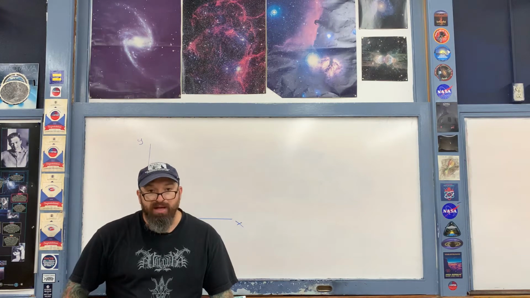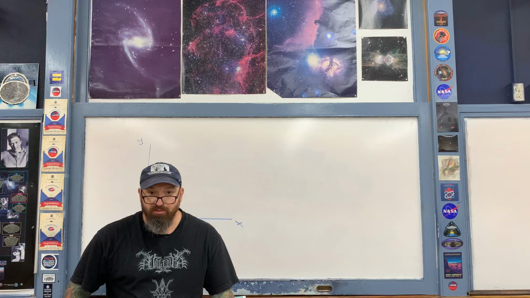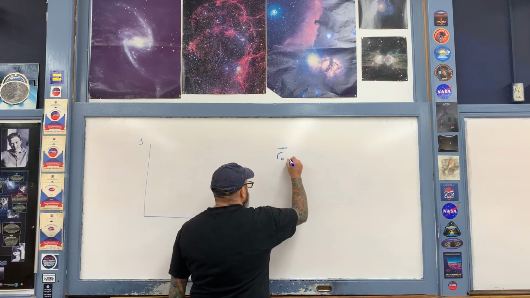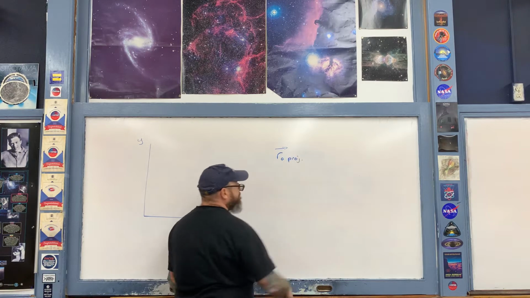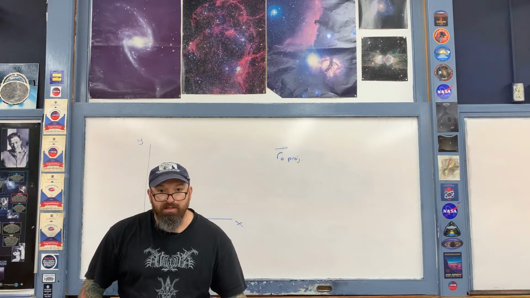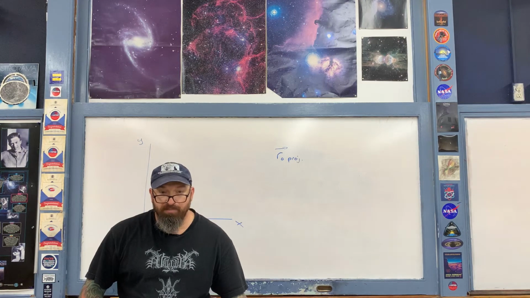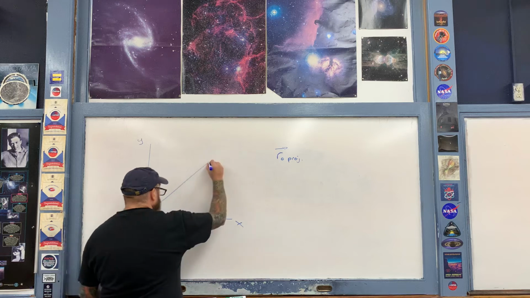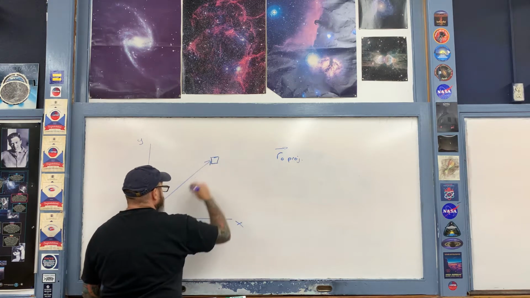This then means that by definition, the initial position of the projectile is going to be equal to 0. We're going to label this as r0 projectile. Okay, and then initially, as the demonstration begins, we have the target, the monkey, up on the ceiling. So the initial position vector of the target, the monkey, looks like this.